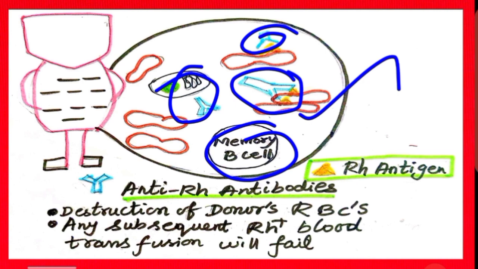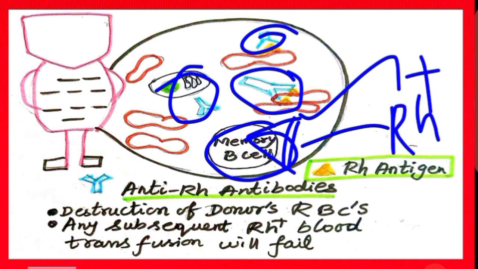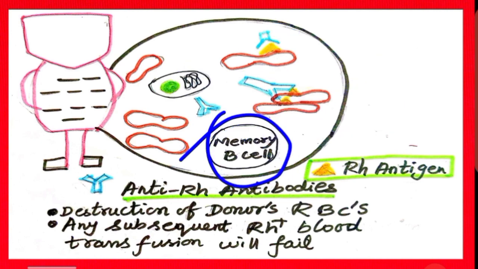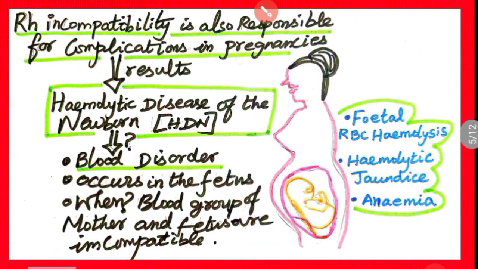When the Rh antigen is encountered again for the second time, the memory B cells get activated and rapidly produce anti-Rh antibodies.